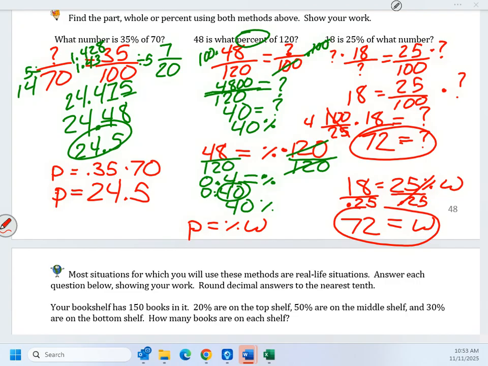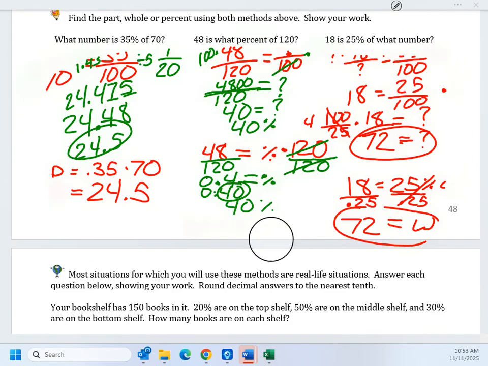But if we're looking for the percent or the whole, we have to divide to the other side. If you're looking for the part, you multiply. If you're looking for the percent or the whole, you have to divide to get that percent or whole by itself, doing that opposite operation. We talked about how those opposite operations are going to keep on popping up. This is one of those objectives that's popping up on us.